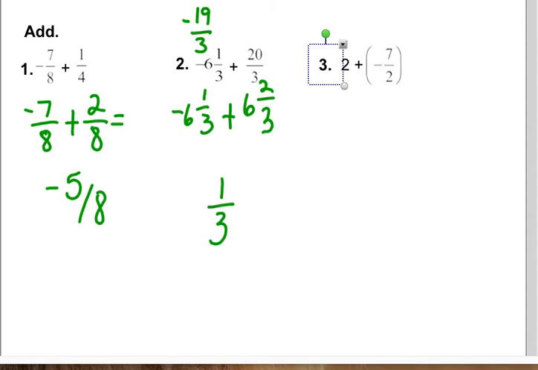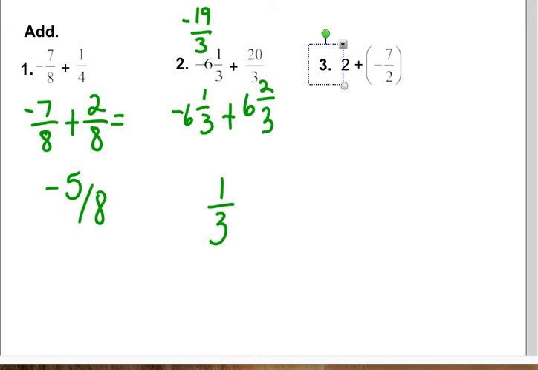What is number 3? What's our final answer on number 3? I have 2 plus a negative 7 halves.